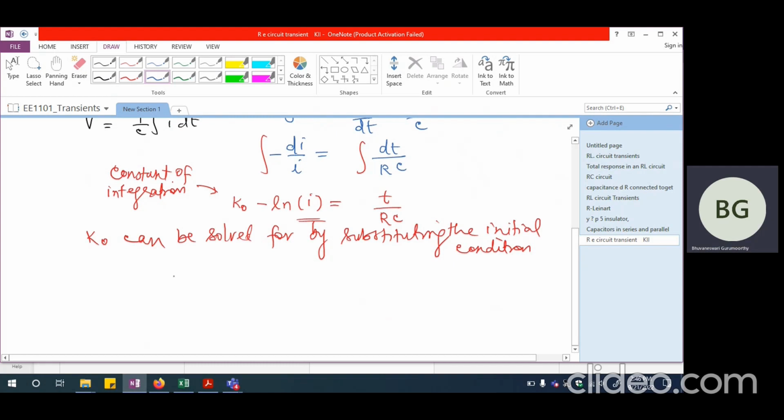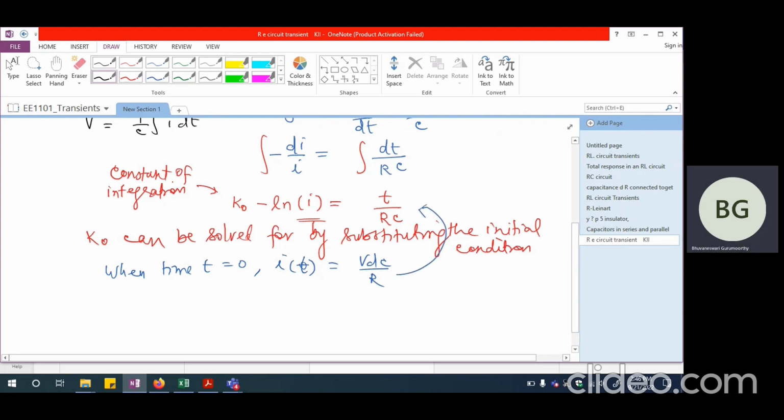So I can say when time t equal to 0, I of 0 is equal to VDC divided by R. I can substitute that in this equation.